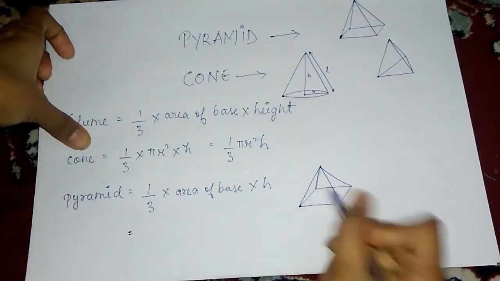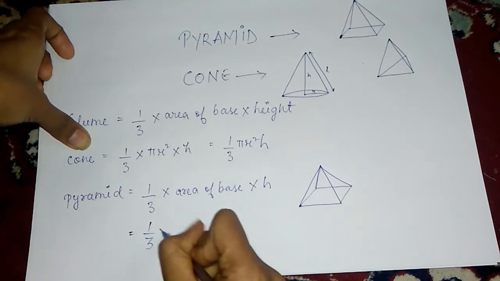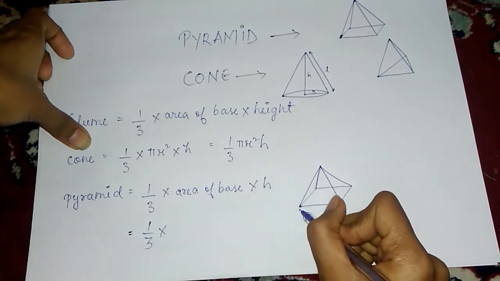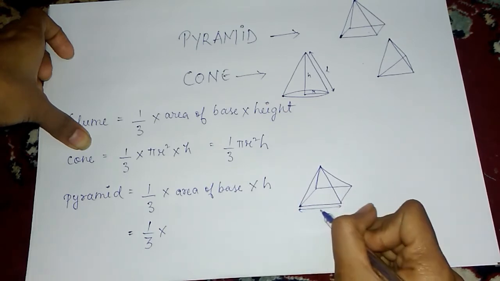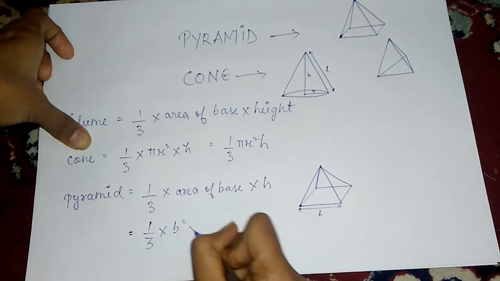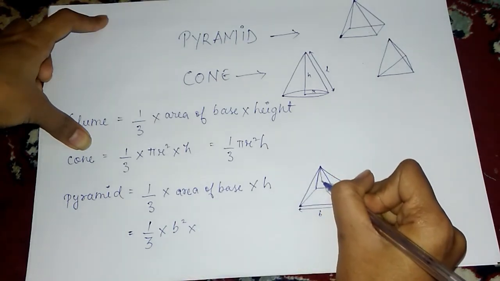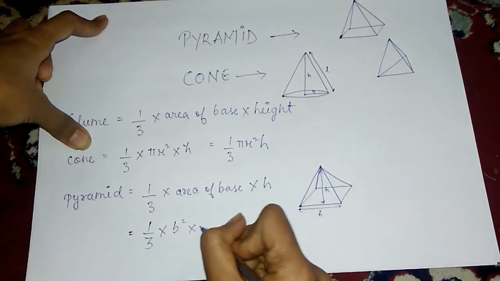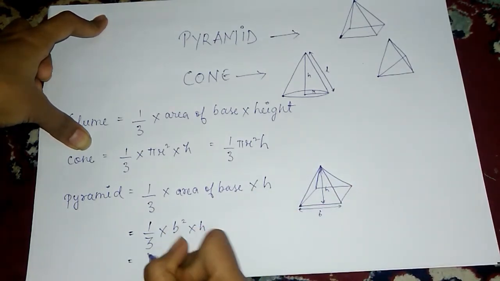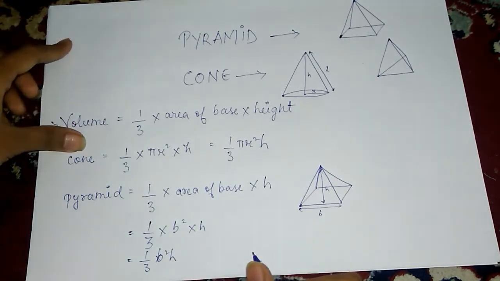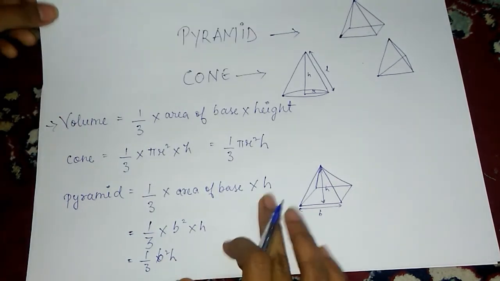What will the formula be for this pyramid? 1 upon 3 into area of square. Let us suppose the side of this square is b. So b square into h. So it will be 1 upon 3 b square h. I hope you understood.